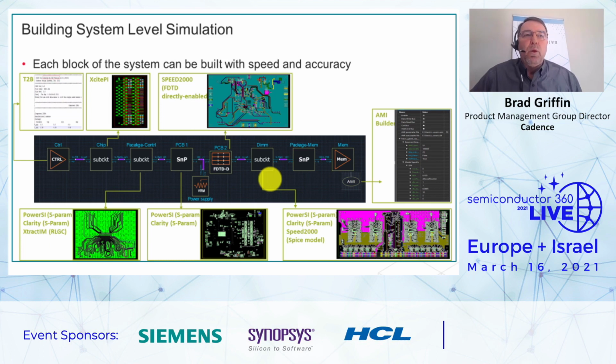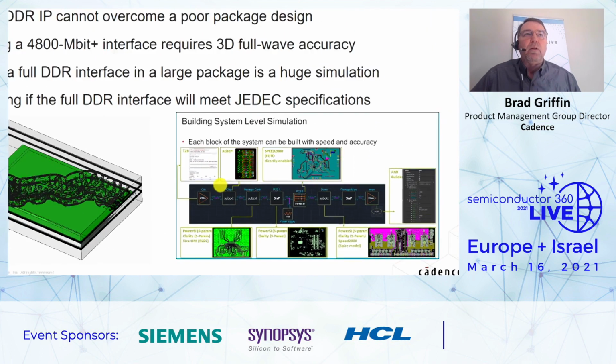And so ultimately, we want to make sure that we provide a package that can plug into a system like we see here that will meet the full JEDEC specifications, because without that, you're not going to sell your semiconductor in volume. And that's obviously what everybody's looking for, to get their semiconductor out in volume situations where you can be successful and reap all the profits from all that investment that you've made in that particular design.